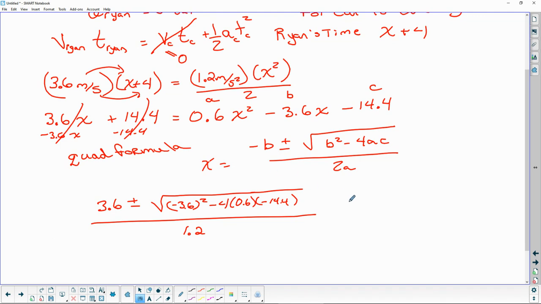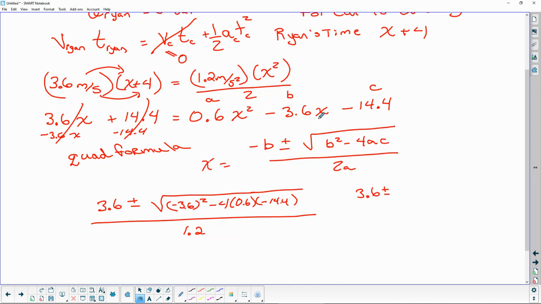Okay, so we got the 3.6 plus or minus. Then we add everything up. Negative 3.6 squared is 12.96, I believe. Let me check on my calculator here. Yep.